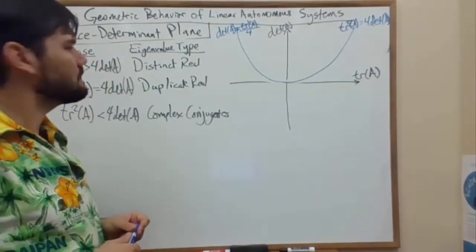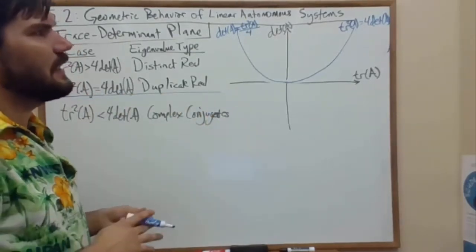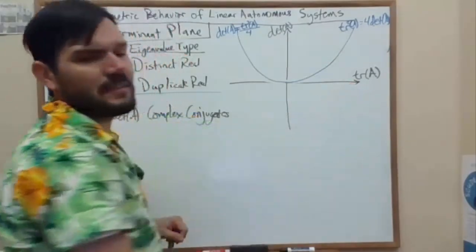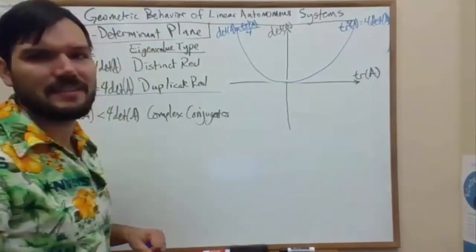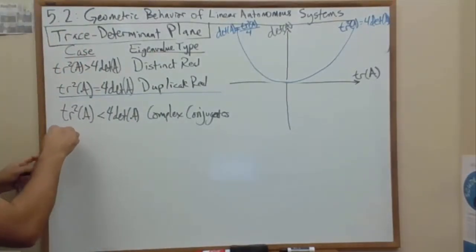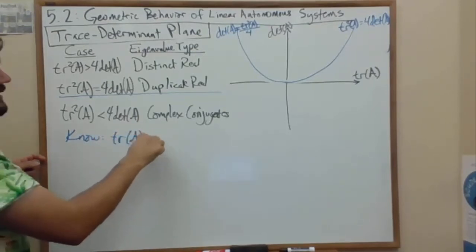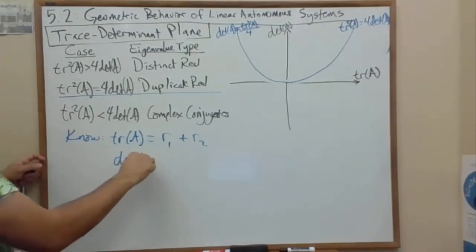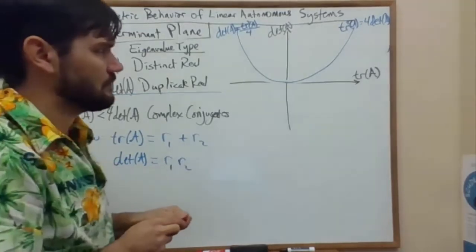Now along that line, we have the duplicate real roots. And those duplicate real roots are either positive when the trace of A is positive, or negative when the trace is negative, since we know that the trace of the matrix equals the sum of the eigenvalues, and the determinant of the matrix equals the product of the eigenvalues.